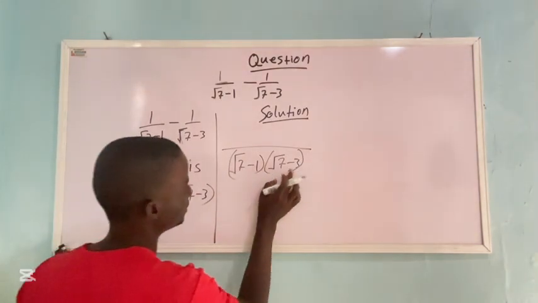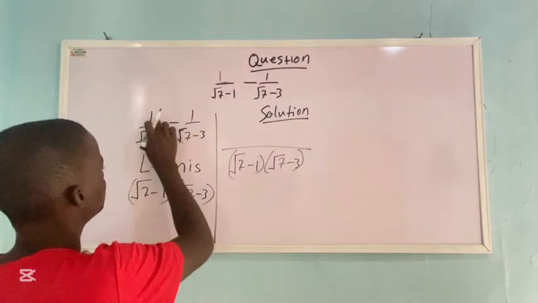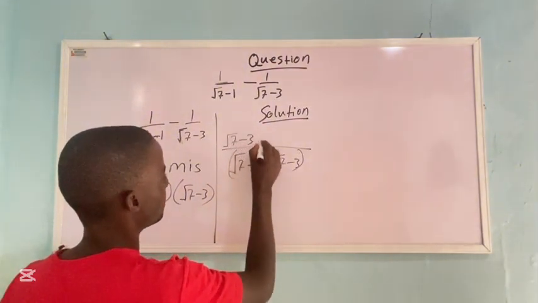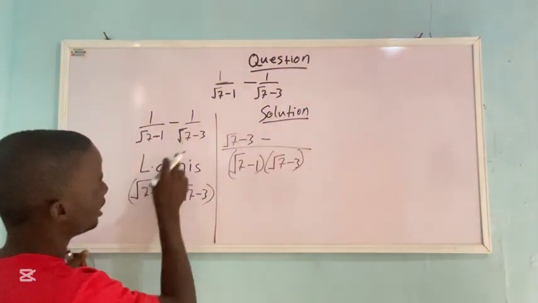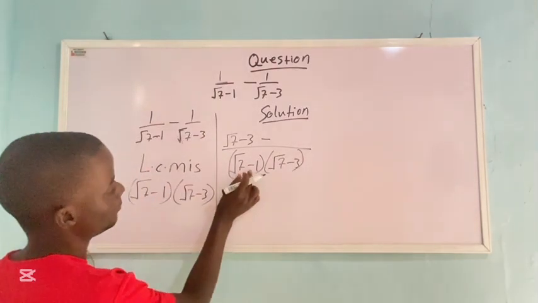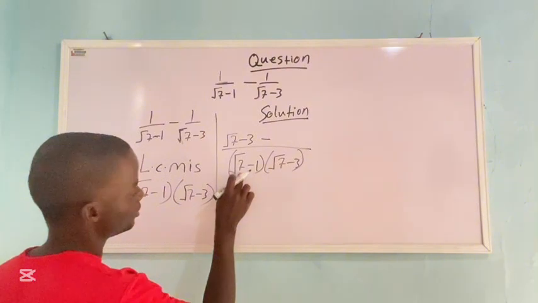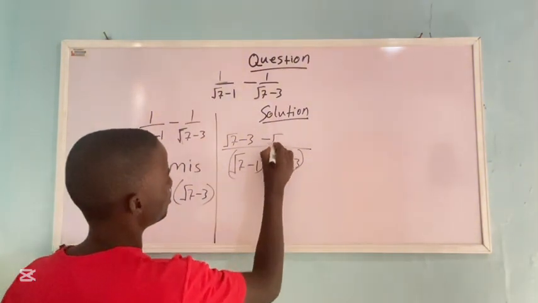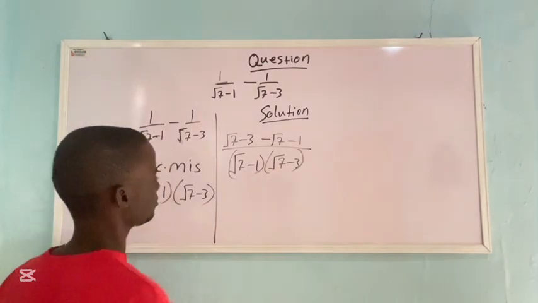It will be left with root 7 minus 3, and root 7 minus 3 times 1 will be root 7 minus 3. Minus, now this one also cancels this one, and we'll be left with root 7 minus 1 times 1, which is root 7 minus 1.